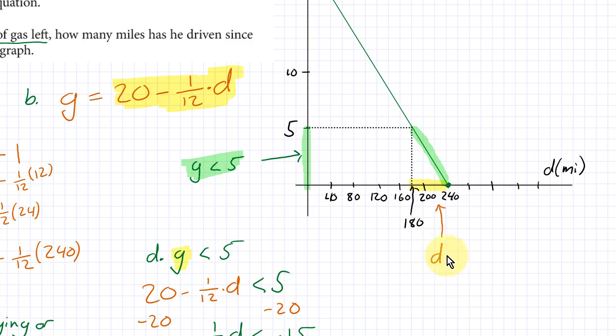So you could actually be more specific and say D is somewhere between 180 and less than or equal to 240, because he can't drive more than 240 miles without running out of gas anyway. So that's another way to see the answer to that question there.